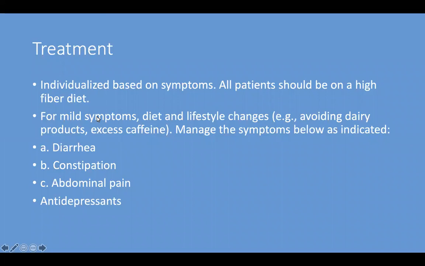Any abdominal pain, we will treat with antispasmodics. And depending on the case, if the patient has any psychiatric disorder and the psychiatrist sees this patient, he could prescribe an antidepressant, TCAs or SSRIs.